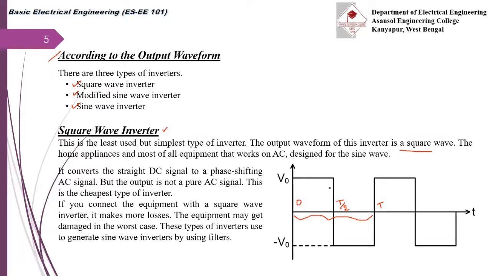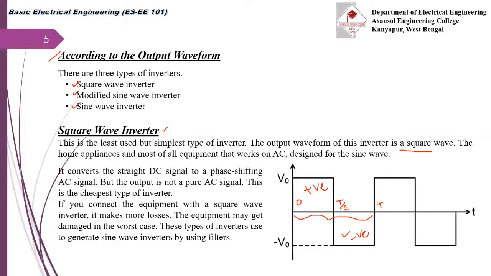And here the output voltage is in the positive quadrant, and here the output voltage is in the negative value or opposite quadrant, right? This is positive value, negative value. Now it converts the straight DC signal to a phase shifting AC signal. But the output is not pure AC.